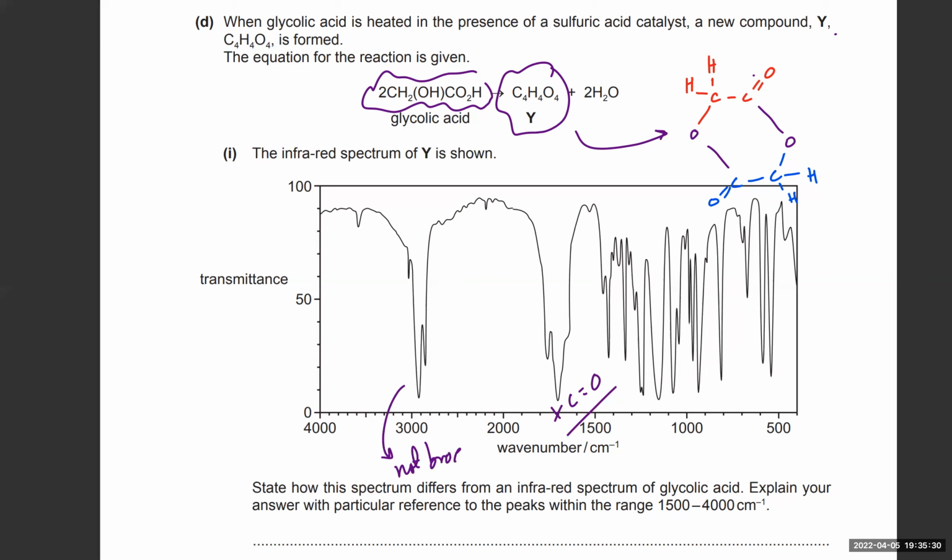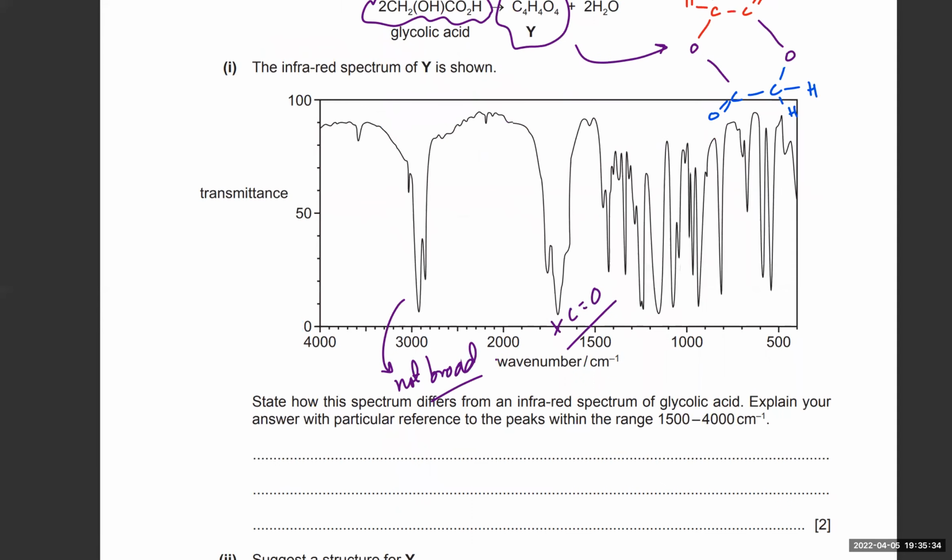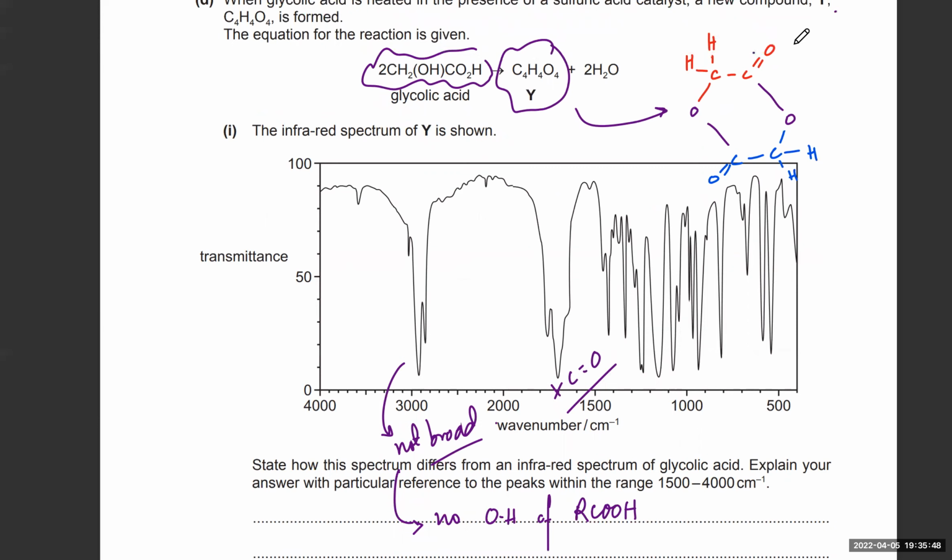It's kind of a sharp absorption. So that implies that there's definitely no OH that belongs to carboxylic acid. And that is also true because our molecule does not have an OH. It has no OH that belongs to carboxylic acid.